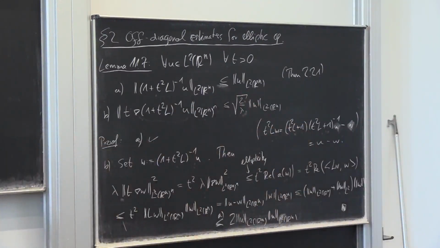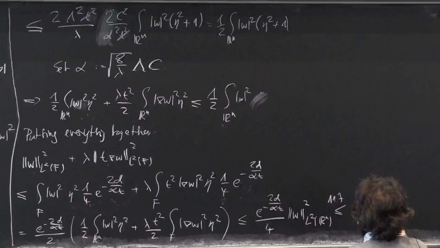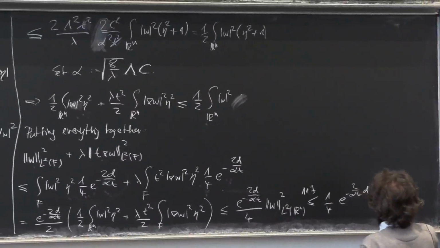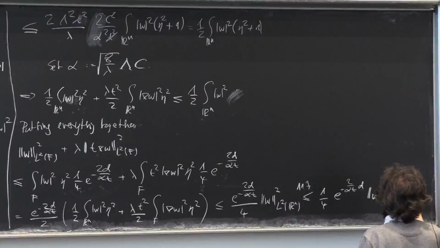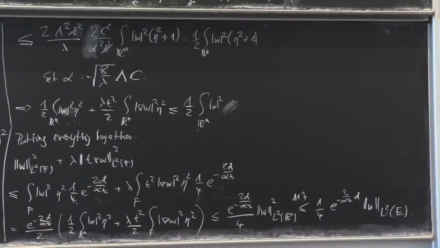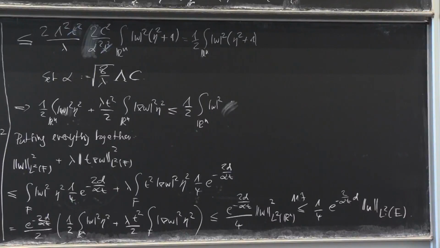So this is less or equal by 11.7 to 1 over 4 e to the minus 2 over alpha td times U in L2 of Rn, but U is supported in E, so U in L2 of E. And what is now written here is simultaneously off-diagonal estimates for both our families of operators.